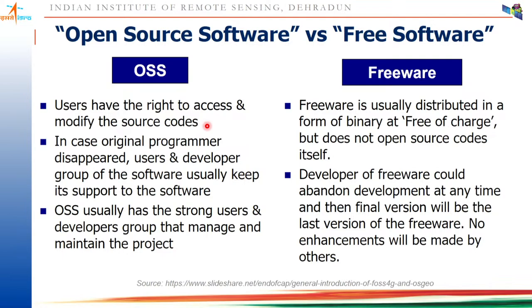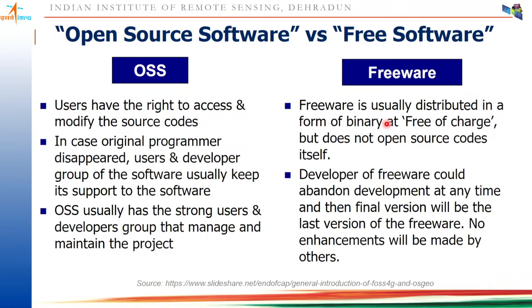This enables the users to have access to the original source code, study it, and modify it if required. Whereas freewares or free softwares are usually distributed in the form of binaries. That means it will be given to you as a setup file or an exe file for Windows users, free of charge, but the source code will not be given.